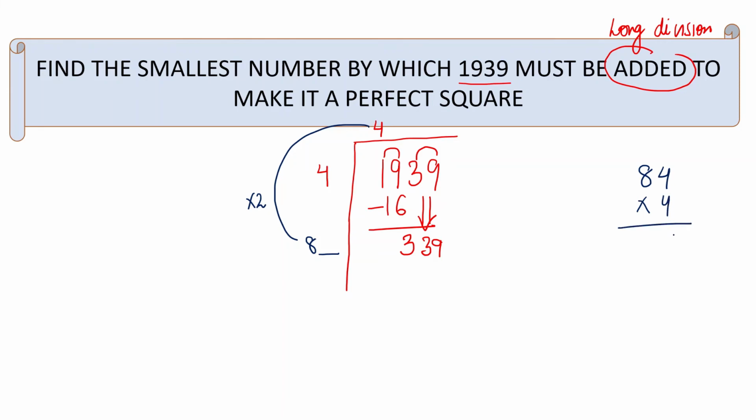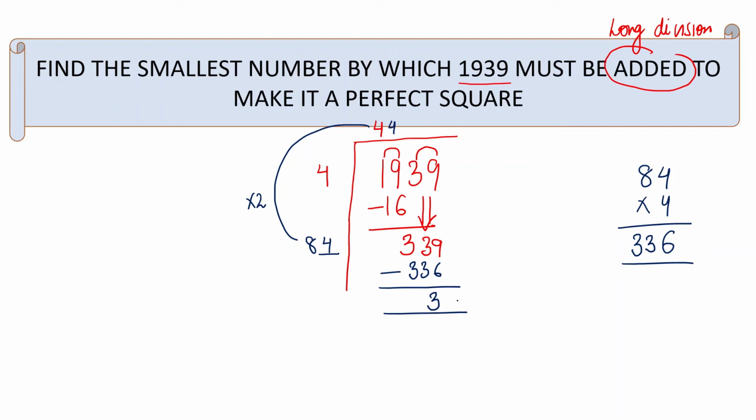Hit and trial method. The product is 336, which is nearer to 339. I am not checking for the next number, which is 5, because this number is nearer to 339. Fill this gap with 4, 4, 3, 3, 6 subtracted, remainder is 3.